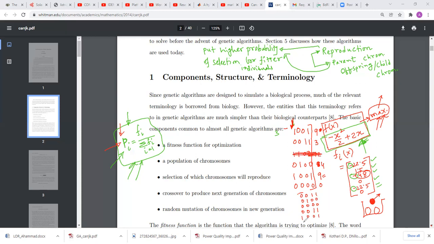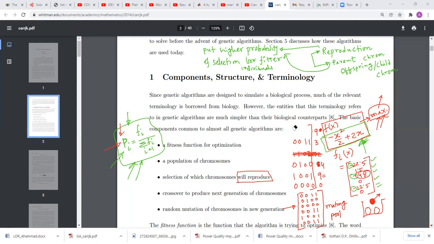Let's make it again 3. Okay, so this is your mating pool. This is the new set who will take part in reproduction. Clear?